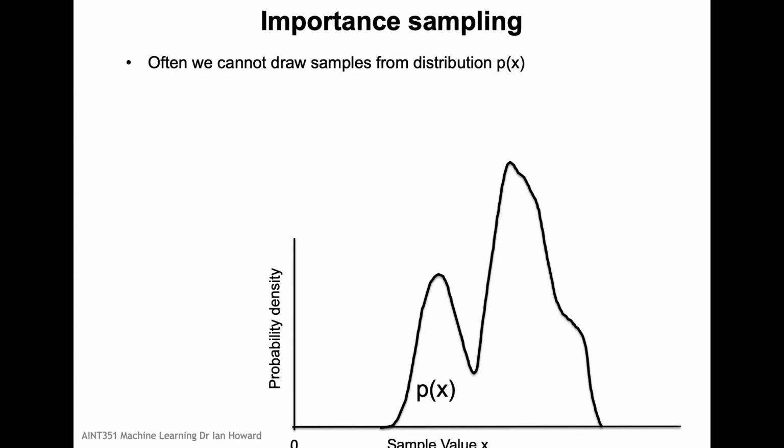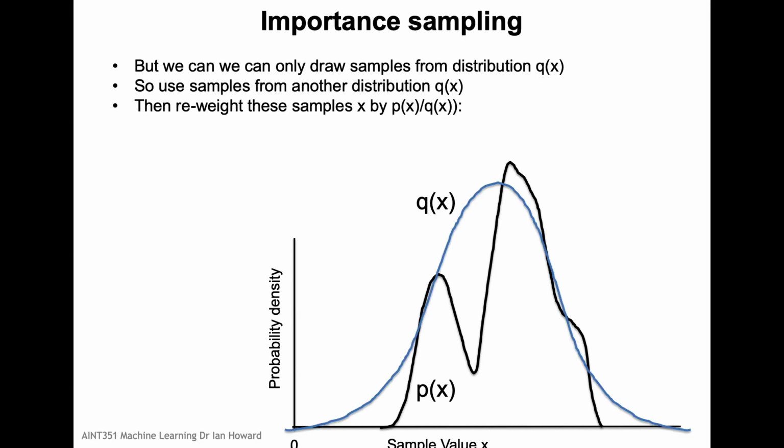So again, with importance sampling, we can't often draw from an arbitrary distribution, and so what we do is we put on a distribution across the target one that we can actually sample from, that fits in the range, and we've already talked about that. But this time we don't throw anything away, we just re-weight the value.